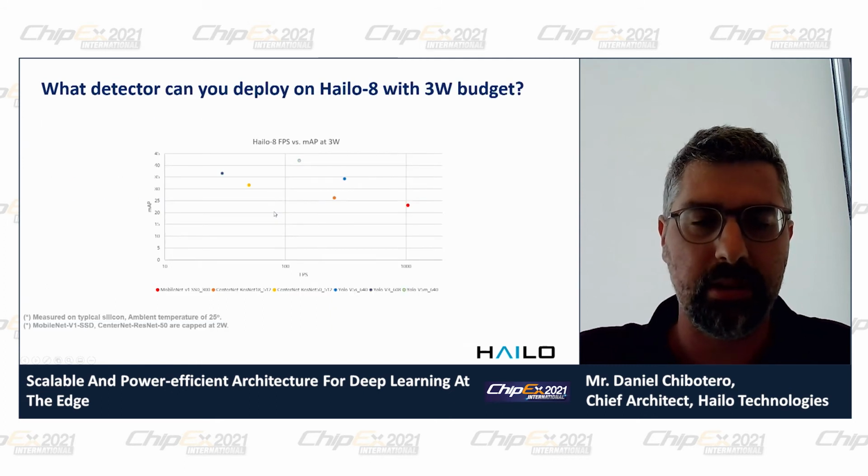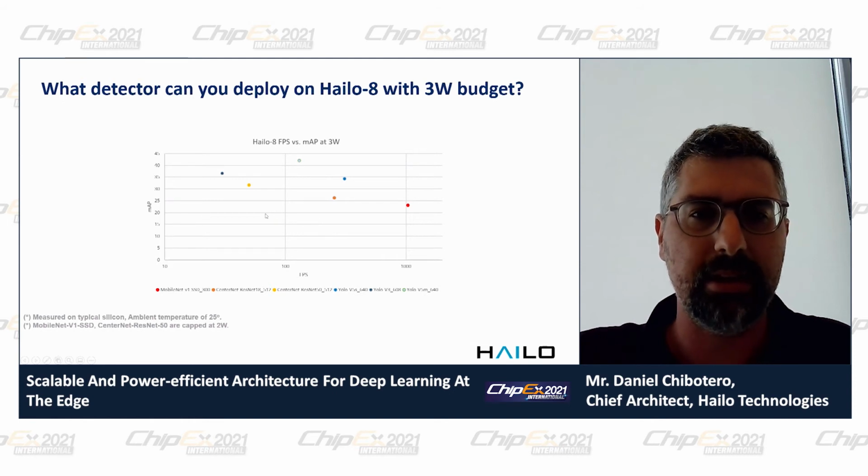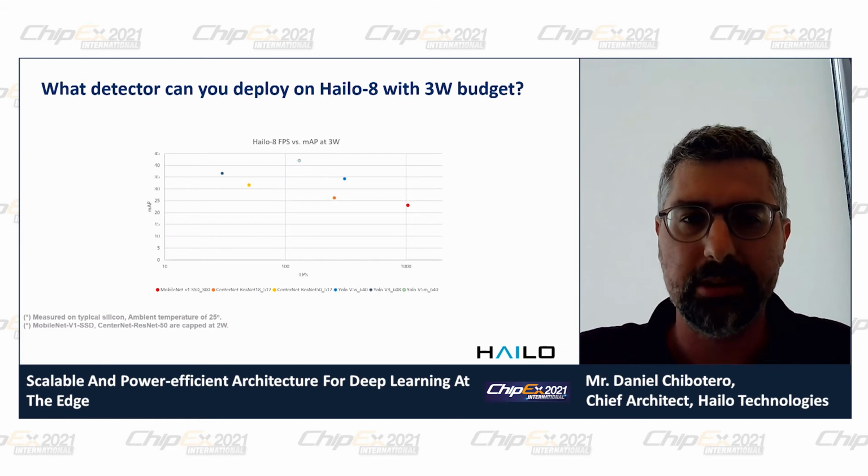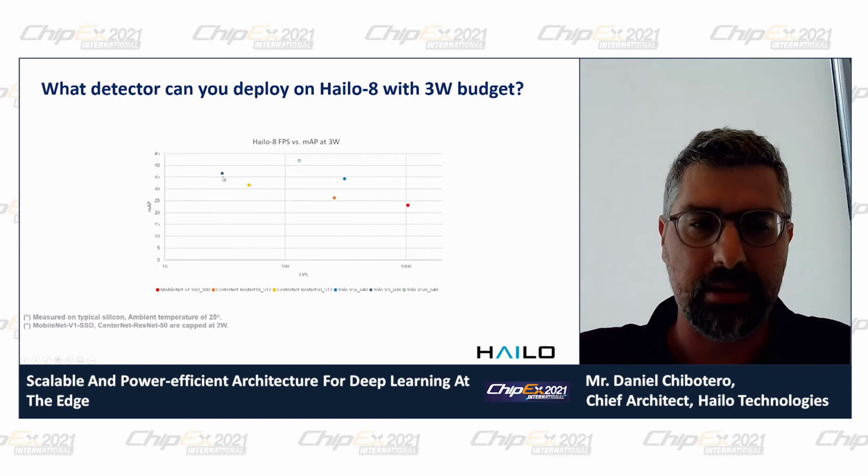So when you try to target an edge AI product, you are asking, okay, if I have a power budget of 3 watts that can usually be cooled passively, what is the throughput and the accuracy trade-off that I can get?